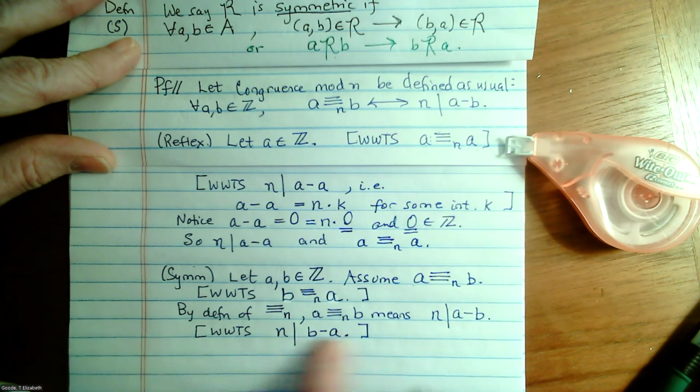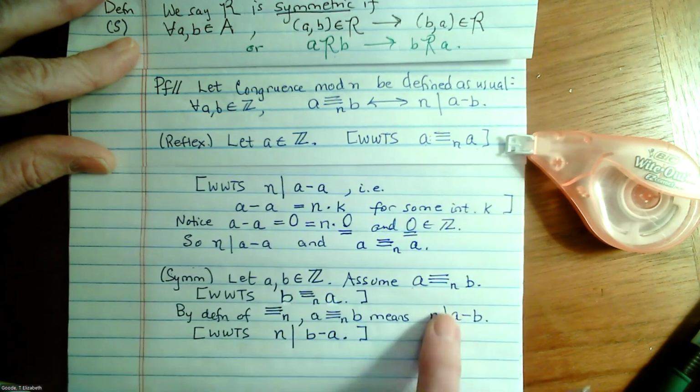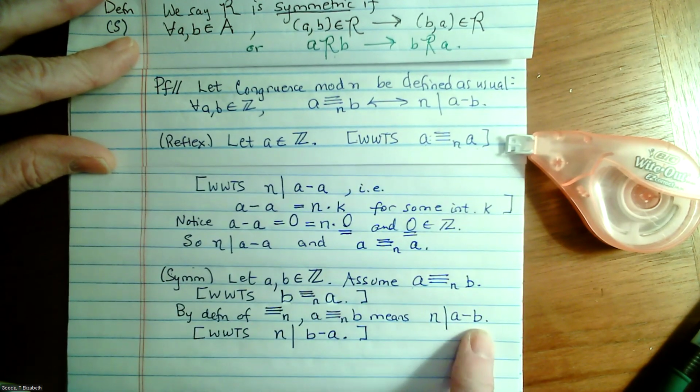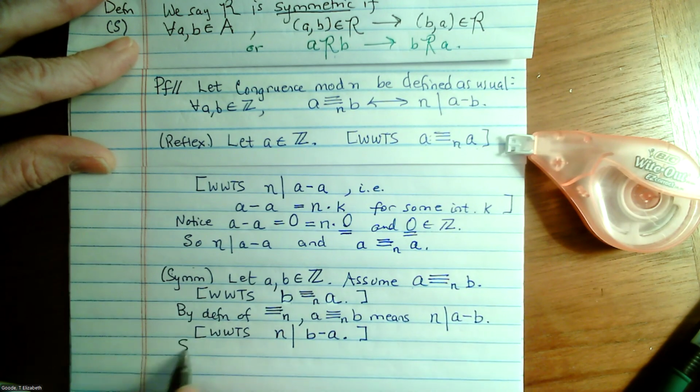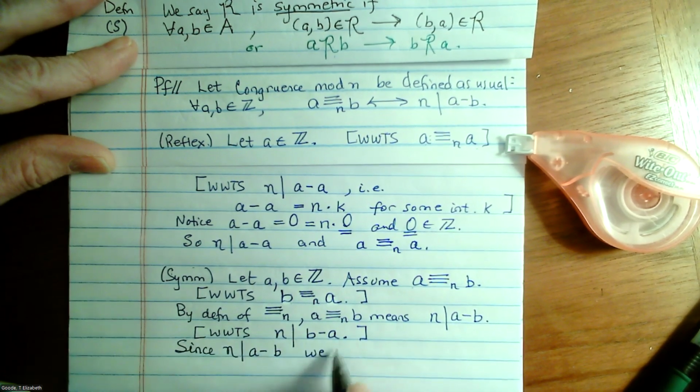All right, well, let's apply our hypothesis. We know that n divides a minus b, so we get an equation out of that. Let's write this down. Since n divides a minus b, we know, I'm going to put this on a new line because I'm going to label this equation, that a minus b is equal to n times k, right?